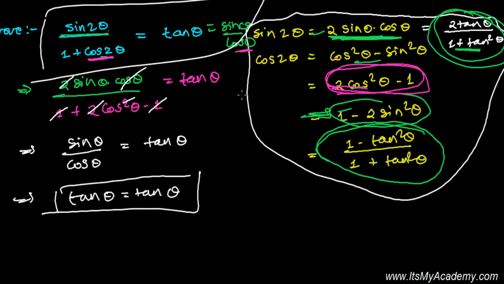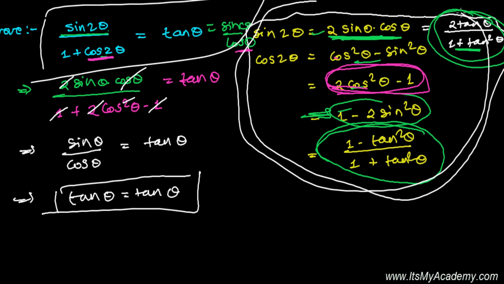I really recommend you write these formulas many times in your copy and learn them however you can. Sometimes, like here, I have used 2 theta. Sometimes it may be just theta here, so all of these will be replaced by theta by 2. When it is twice the angle, here it is one angle theta. When it is theta, then it will be twice of theta over 2.